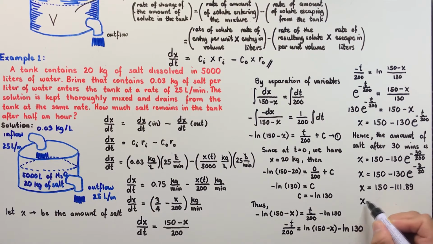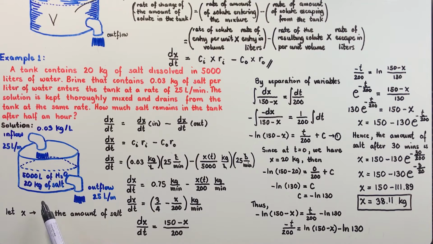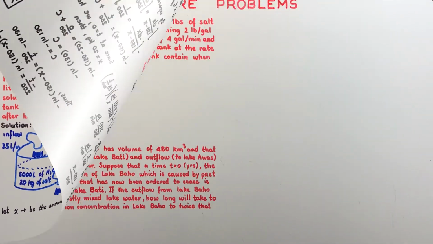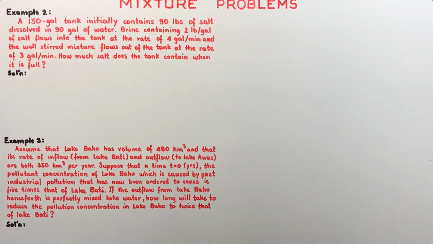So the amount of salt inside the tank is equal to 38.11 kilograms of salt after 30 minutes, which is half an hour. So the salt inside the tank here is increasing from 20 kilograms. After 30 minutes, it became 38.11 kilograms. Now, let's proceed to our second example here.